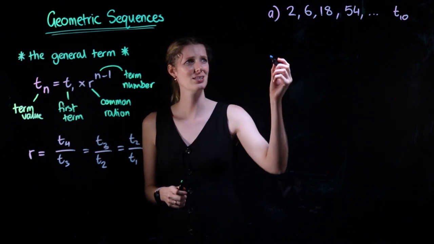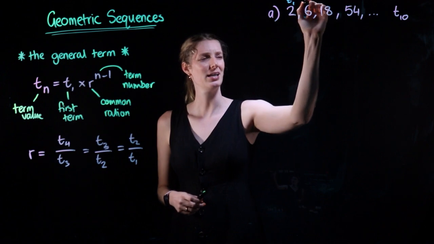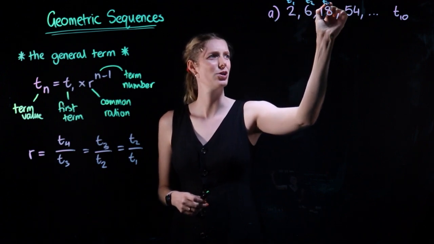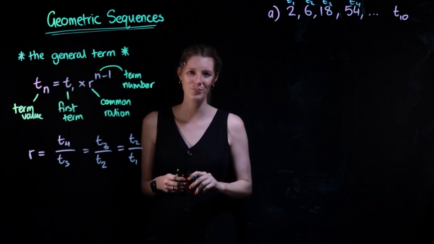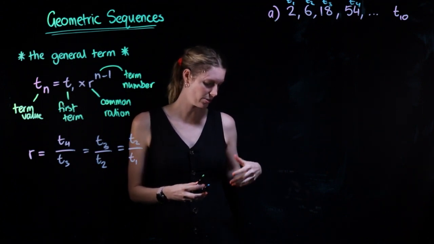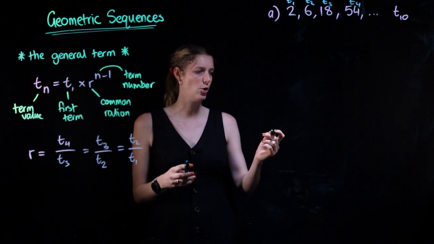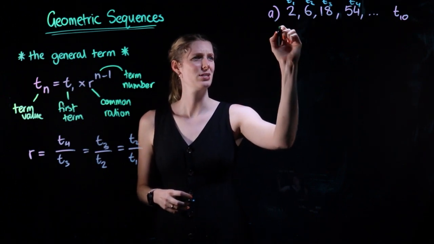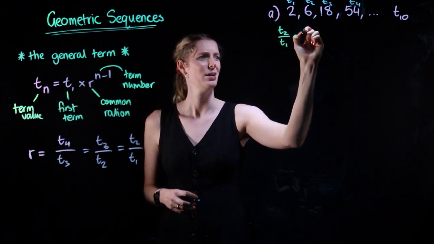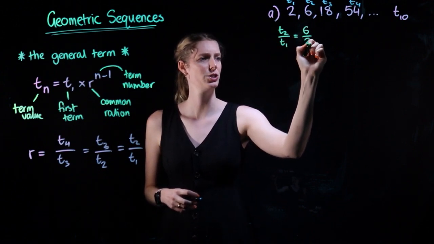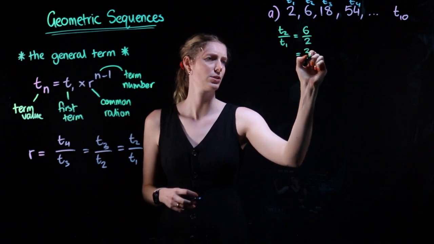So to help us with this, I'm just going to label each of the terms we were given. So I've got term 1, term 2, term 3, and term 4. And I'm going to use them to help us find the common ratio. So I'm going to start off by taking term 2 and divide it by term 1. This is 6 divided by 2, which gives us 3.